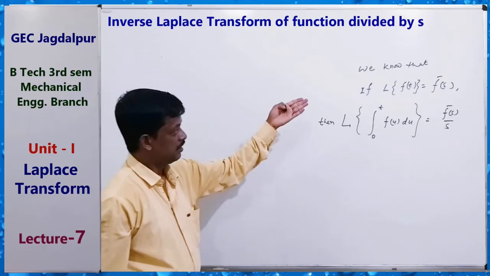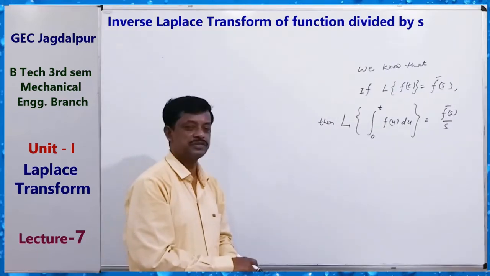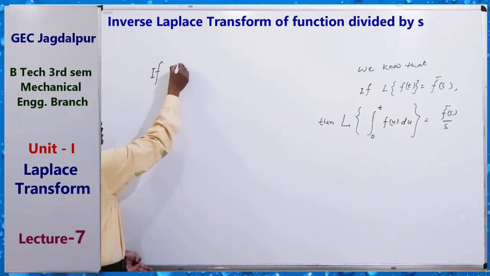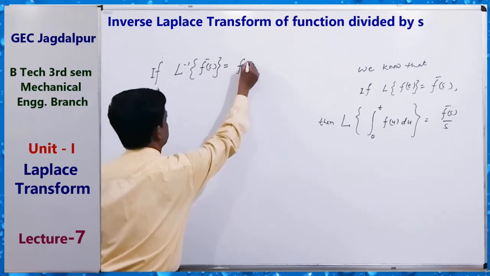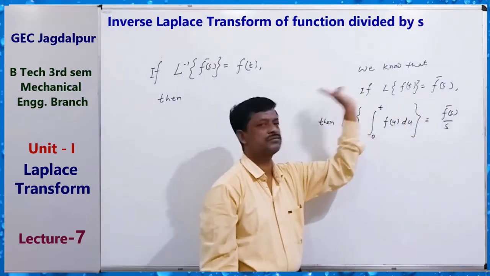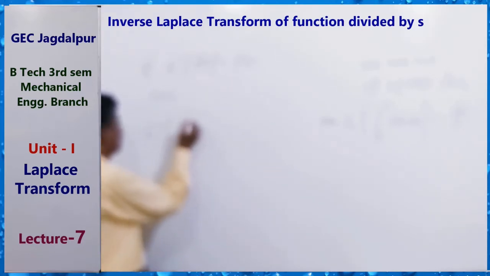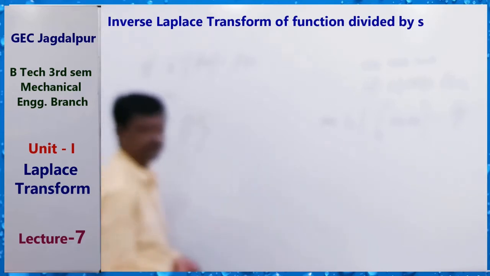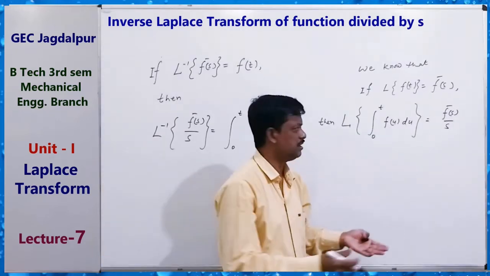So we know this, so we can write by the inverse process: if L inverse of F bar(s) equals f(t), because L{f(t)} equals F bar(s) means L inverse of F bar(s) equals f(t), then here also L inverse of F bar(s) upon s, the function of s divided by s, equals the integral from 0 to t of f(u) du.